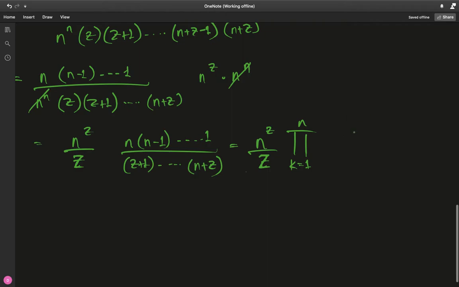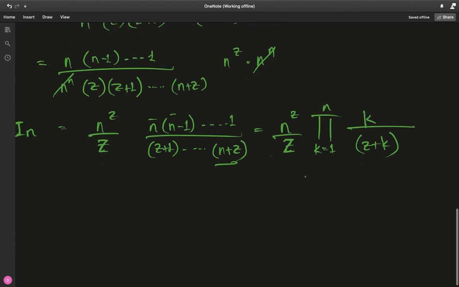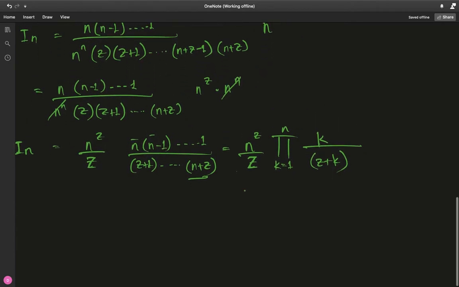So we have k, because if you check, for k equals 1 we'll have 1, then 2, 1 times 2 times 3 till n. So we are having that kind of relationship here, divided by z plus k, because for k equals 1 we had z plus 1, then z plus 2 till z plus n. So this is a valid representation of our simplified expression.